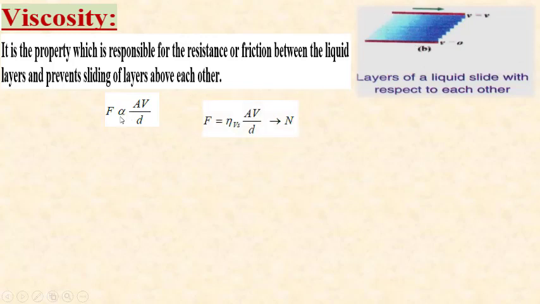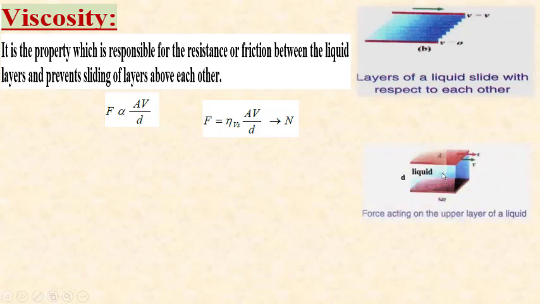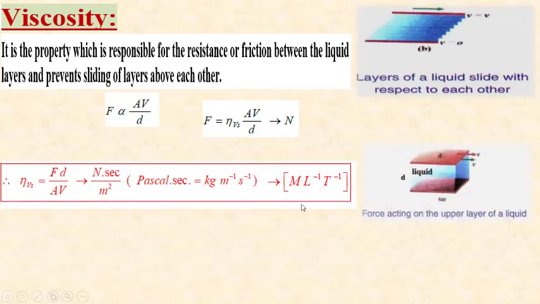So I can remove the proportion sign and put a constant value, which is known as the viscosity coefficient. To get the viscosity coefficient, it will be F d over A v, with measuring unit Newton second per meter squared, or Pascal second, or kilogram meter^-1 second^-1, as its dimensional formula is M L^-1 T^-1.